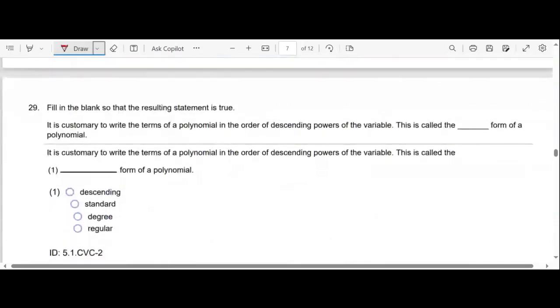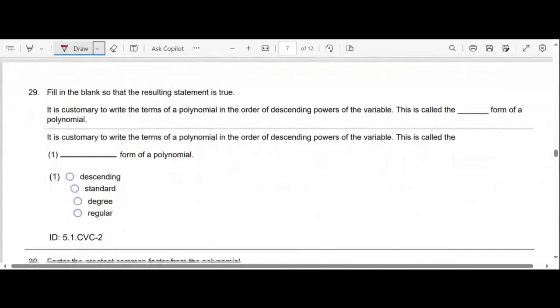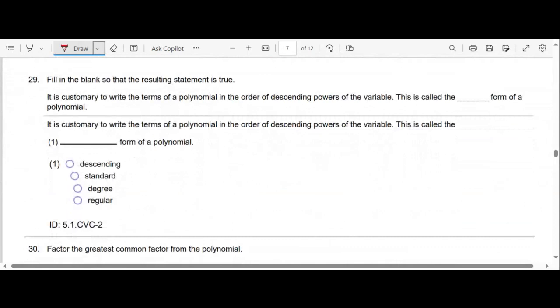Next one, number 29. Yalla, 29. Who can tell me what it says? Turki. 29. Fill in the blank so that the statement is true. It's customary to write the terms of a polynomial in the order of descending powers of the variable.